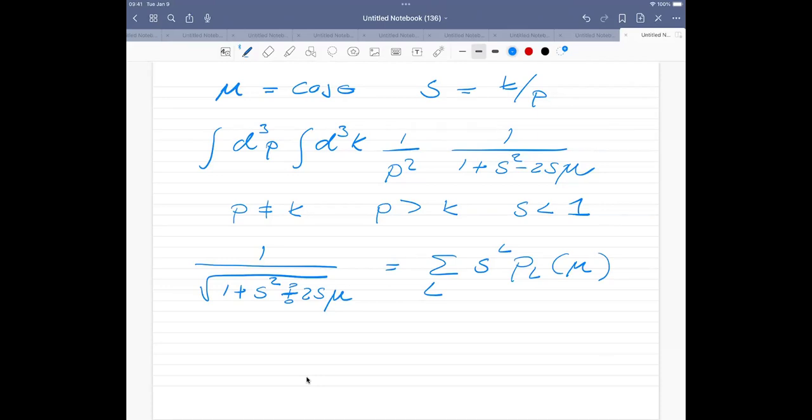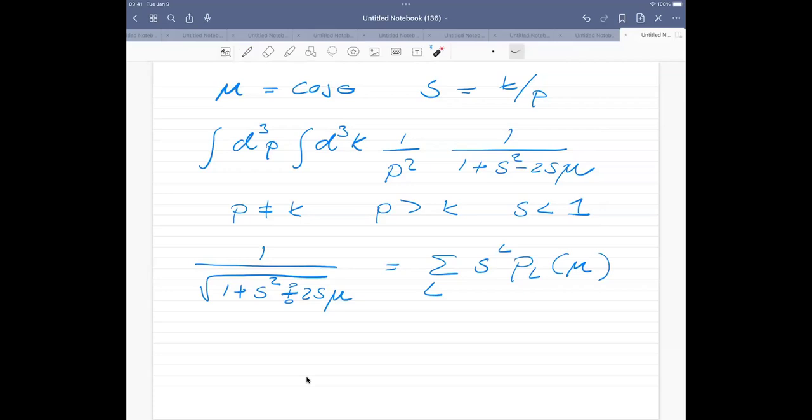And recognizing this function here is going to be of immense use for us when we now want to evaluate this integral, because what you see here is nothing but that quantity squared.